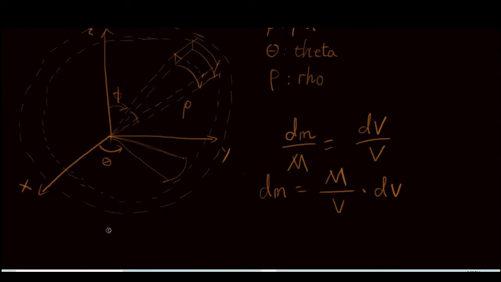So rho times dphi, times, so this is the height. The height would be just d rho here, right? Because this is the rho, so this is just a tiny bit of d rho. So times d rho.